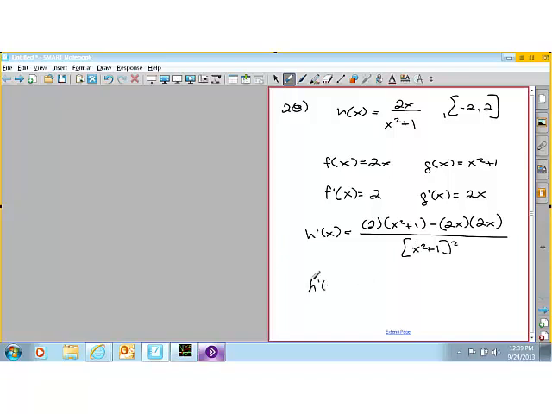And so we can clean up the top here. So we get 2x squared minus 4x squared, so that's negative 2x squared. Negative 4 plus positive 2, and then we get a plus 2. All over x squared plus 1, quantity squared.